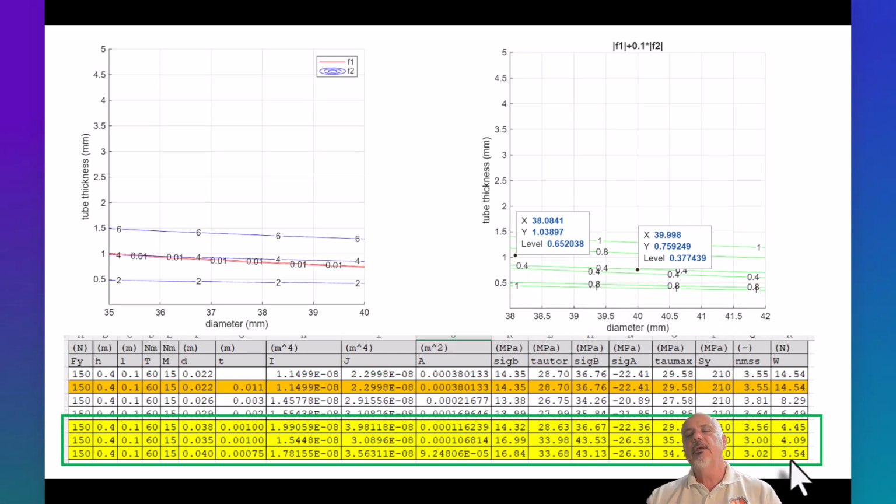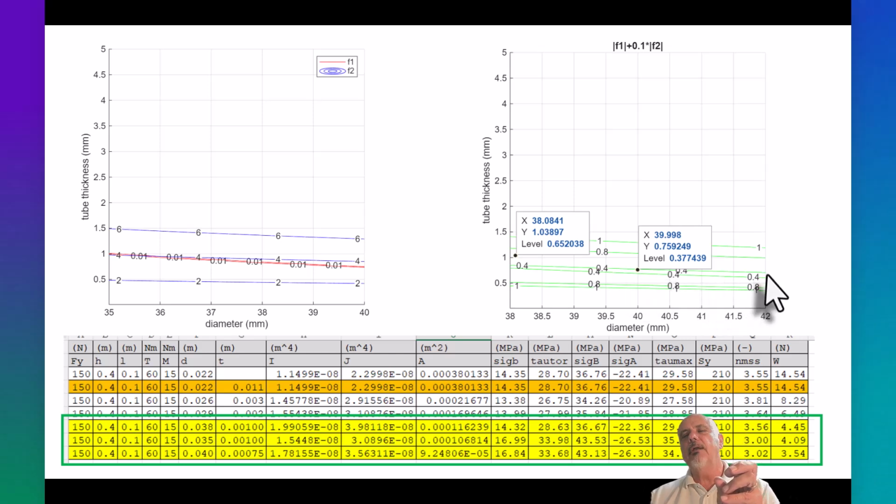So I was able to find a place there, 40 millimeters diameter, 750 microns or 0.75 millimeters of thickness. And I'm looking at a factor of safety of 3.02, compared to the 35 millimeter diameter with a 1 millimeter thickness that had a 3.0 factor of safety. Now I've got 3.02. So I'm right there at 3. I've got the optimal factor of safety.